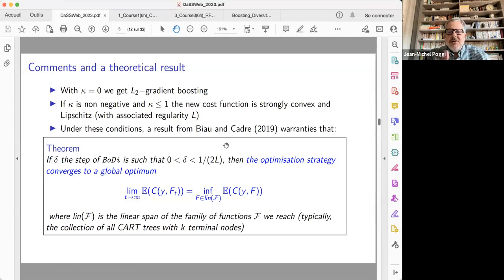You can, just by checking the condition, have the following theorem.